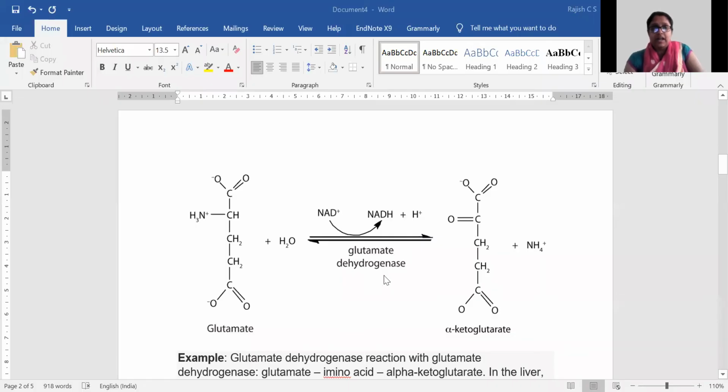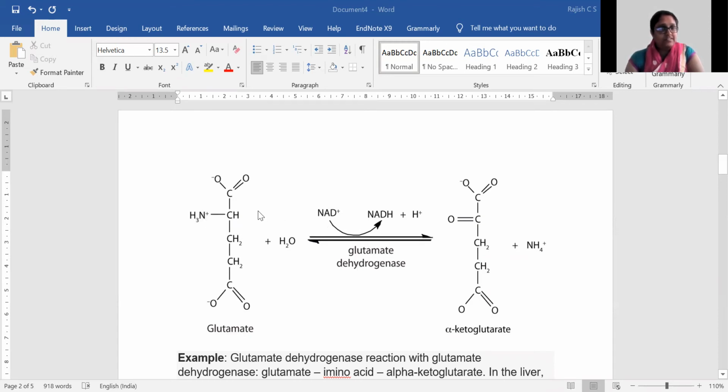If we look at the mechanism, this is glutamate with the NH3+ over here. First, the enzyme will dehydrogenate this: one H will be removed from here, and a double bond will be formed over here. This H and this H will be removed, and that will form the hydrogen peroxide.